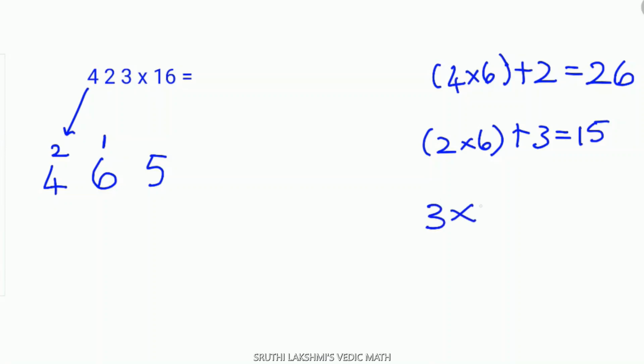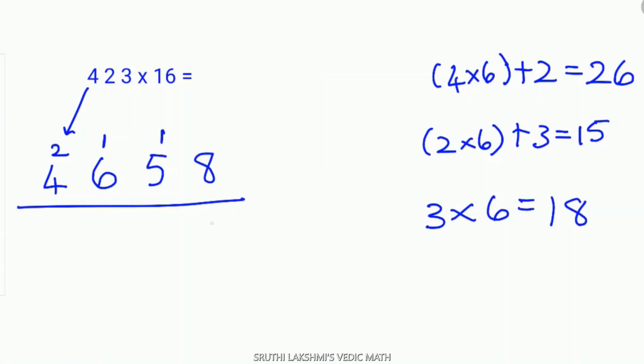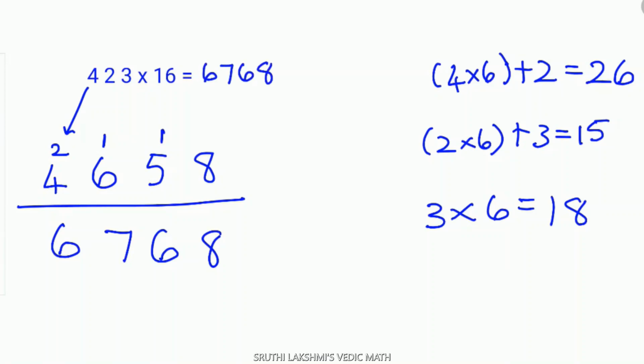We don't add any numbers with 3 times 6 because there are no more numbers after the last digit 3. 3 times 6 is 18. So carry the 1 and write down the 8. Now add them up. So 8, 5 plus 1, 6, 6 plus 1, 7, 4 plus 2, 6. So the answer for 423 times 16 is 6768.